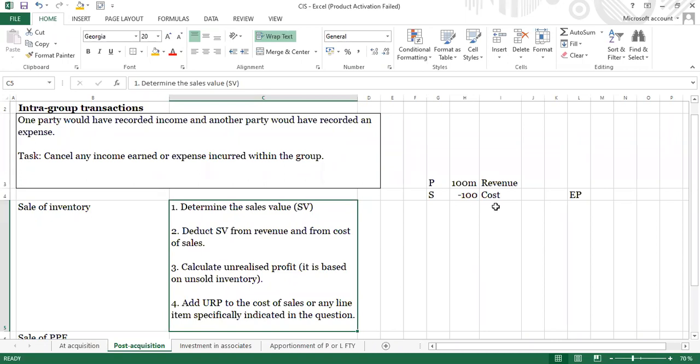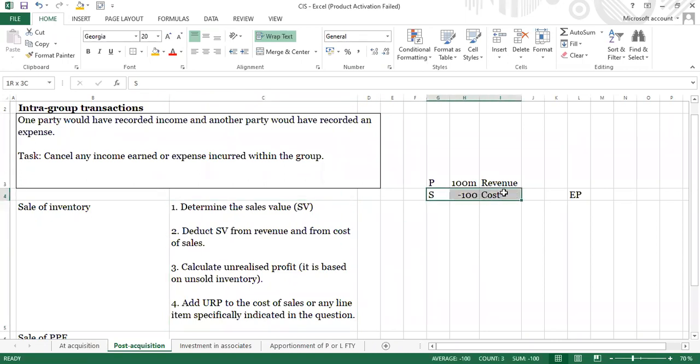Remember I said that it is the unsold inventory that is giving rise to an unrealized profit. So the unrealized profit is locked inside the closing stock. That is why it is the closing stock that we are adjusting as a component of cost of sales, so we also have to adjust the cost of sales.